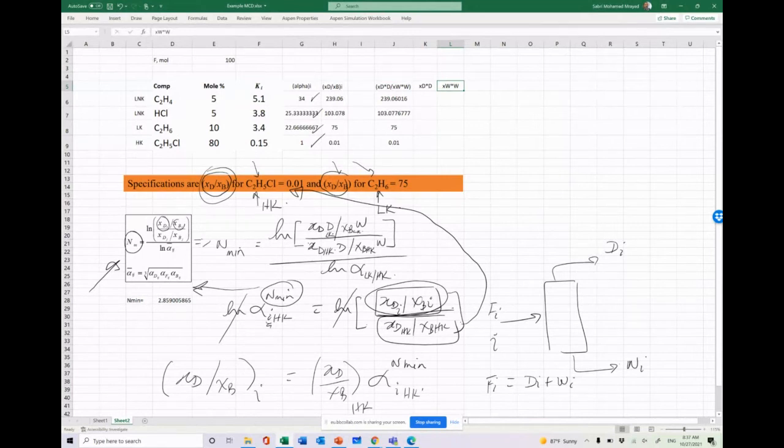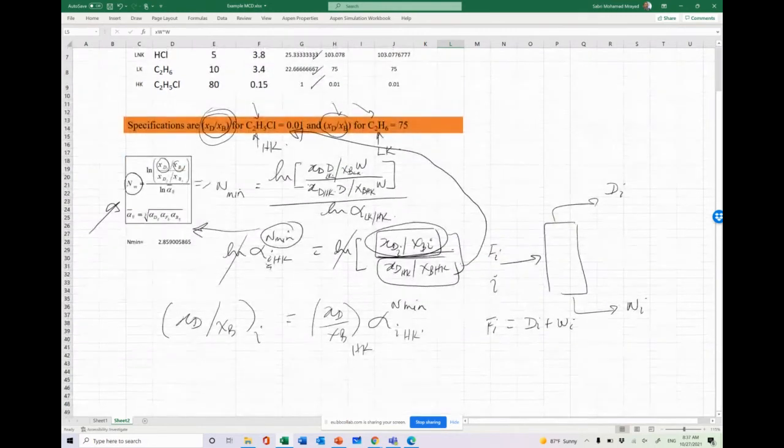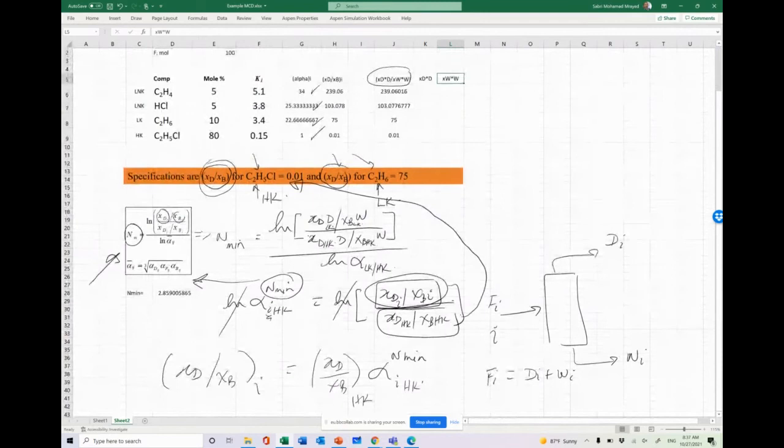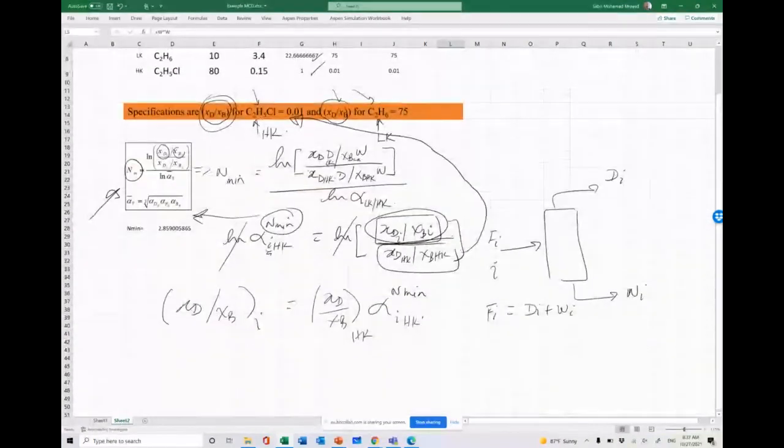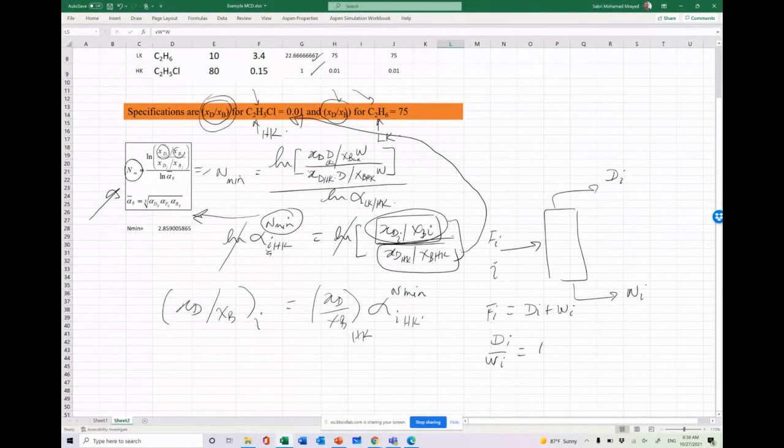What else do you have? You have the ratio here. What is this ratio? You see here xD over xW, so Di over Wi, let's call it the ratio.